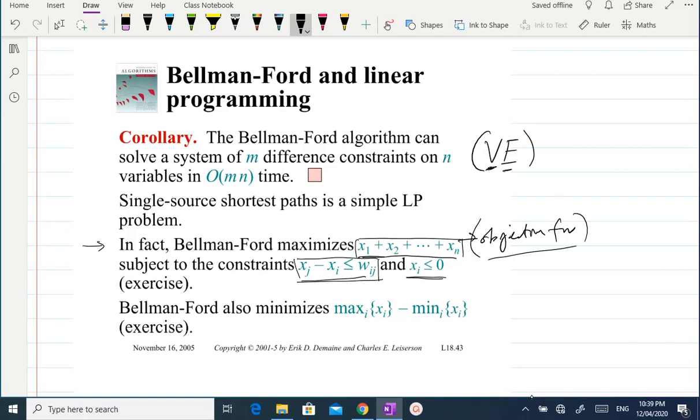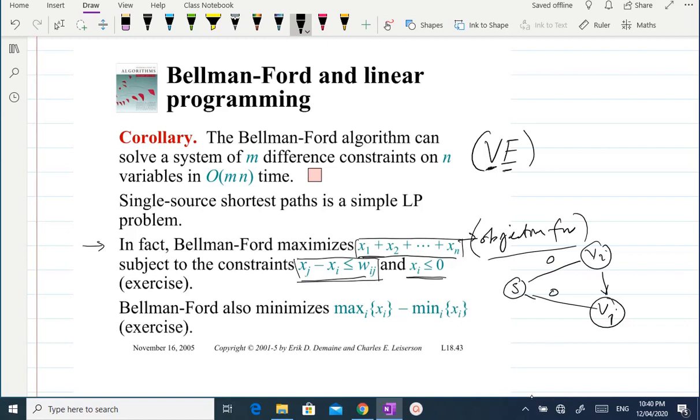The second thing is that the xi's are always less than or equal to 0. Can you answer why this is always less than or equal to 0? Pause this video for a moment and try to answer it yourself. Okay, if you remember, I have connected my S with Vi, Vj and so on. Let's talk about only these two vertices. This is a 0, this is a 0, and let's say there is a path between Vi and Vj.